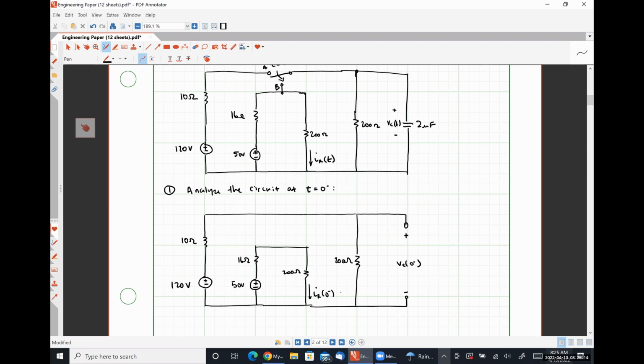So how can we determine the value of our two quantities of interest here: our capacitor voltage VC at 0 minus and our resistor current IR at 0 minus?